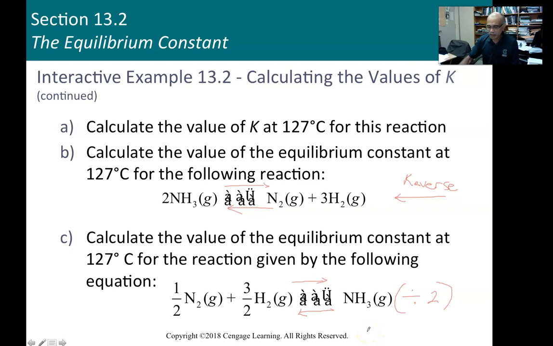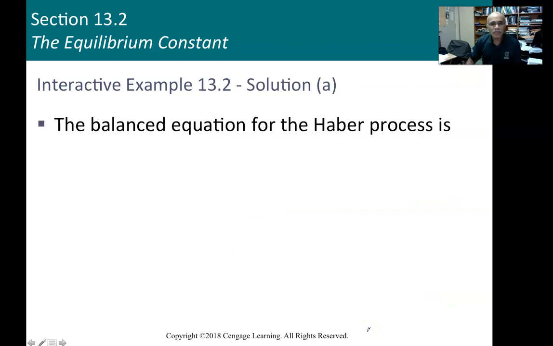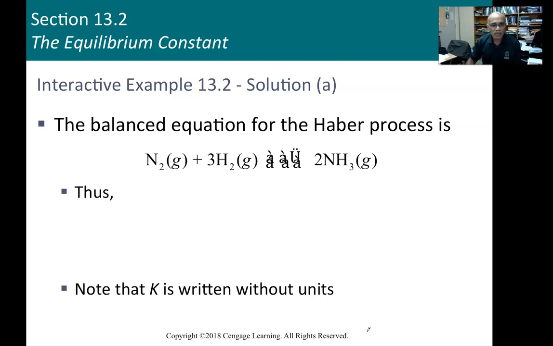Okay, let's look at this as we go. So the balanced equation, this is the equation, which is the primary equation. Okay, let me draw the arrows.